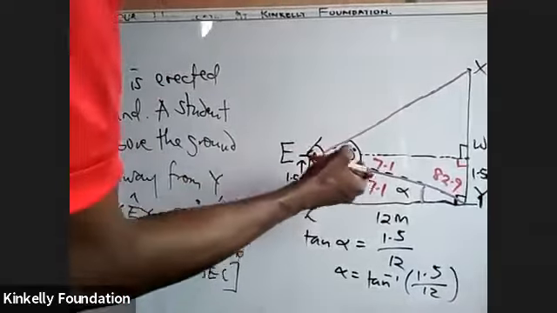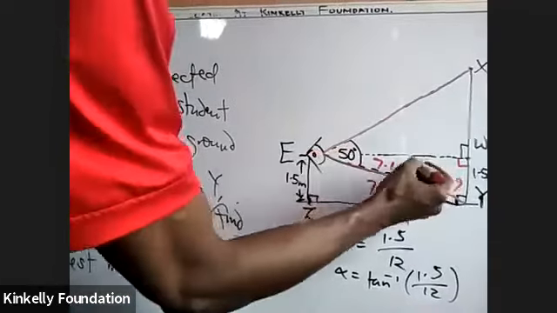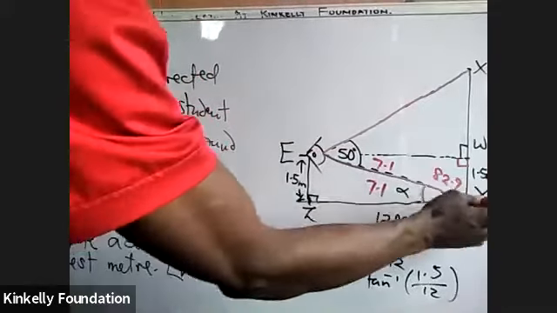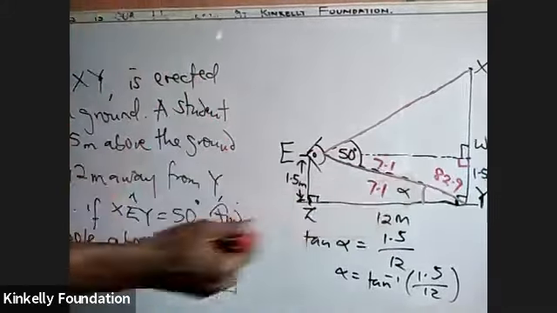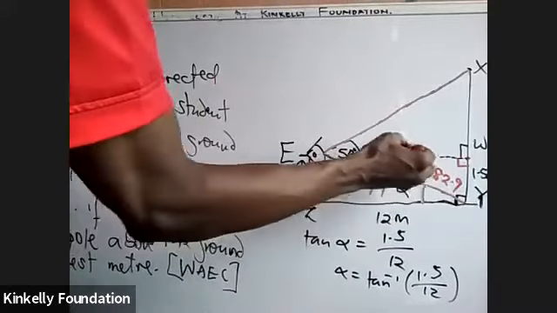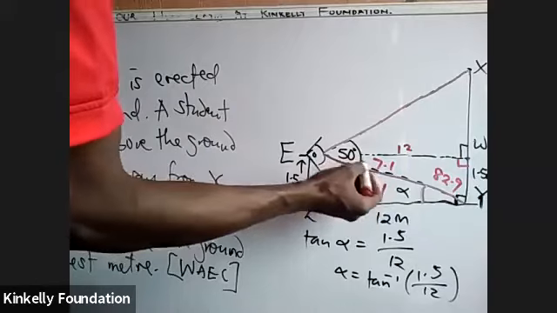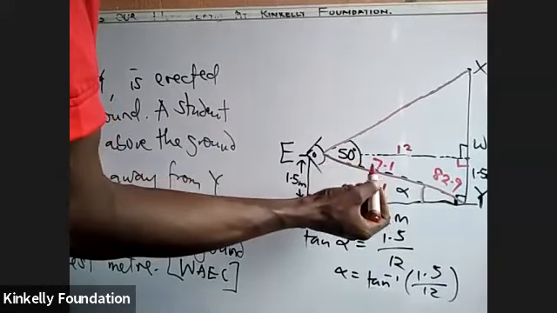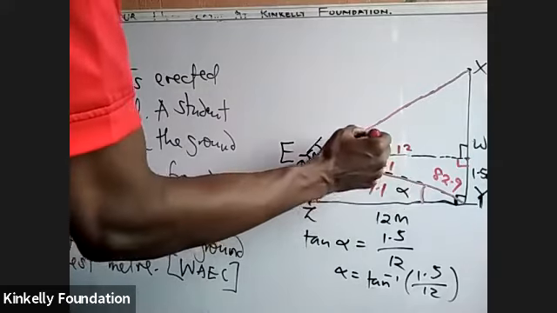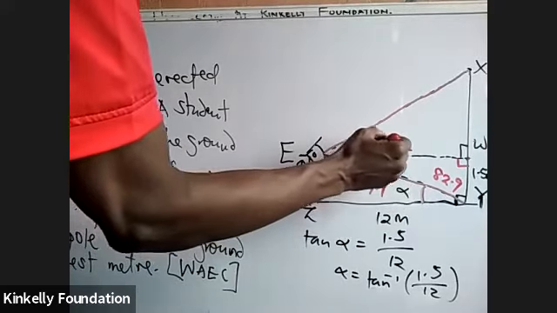Now, this length from here to here is 12. Remember, it's just like a rectangle. Here is 12. 7.1 subtracted from 50 will give us what? 42.9.